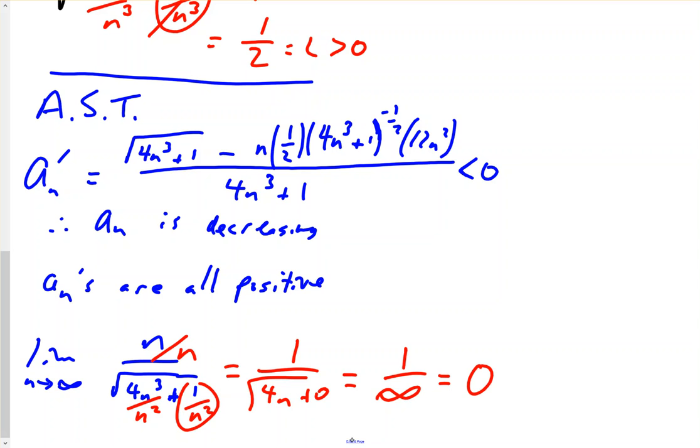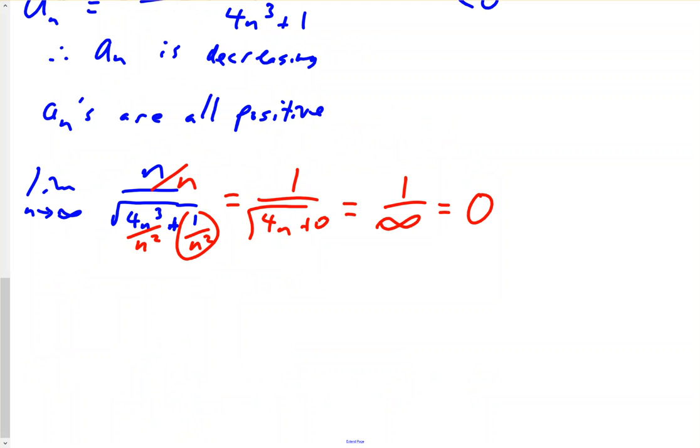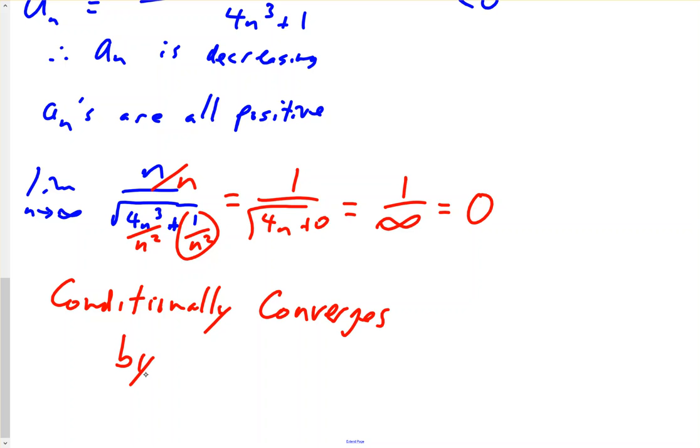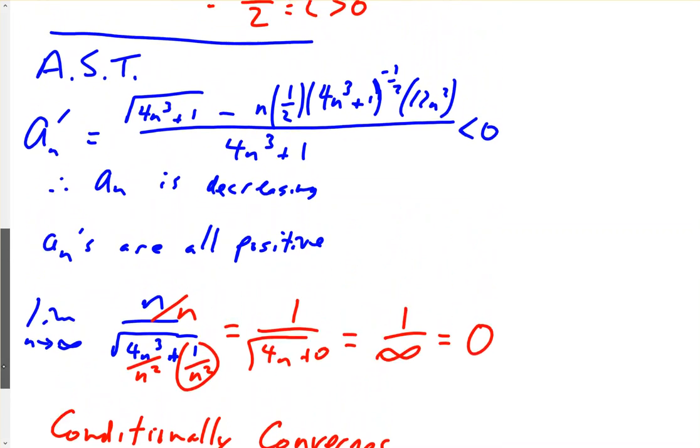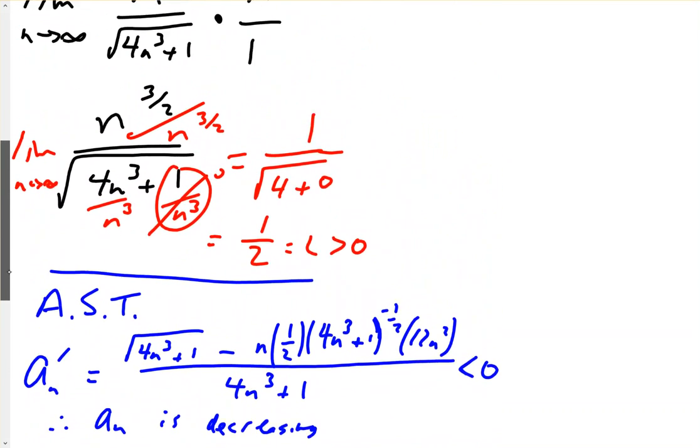Okay, so therefore we would say that this converges conditionally by the alternating series test. All right, let's take a look at the next part.